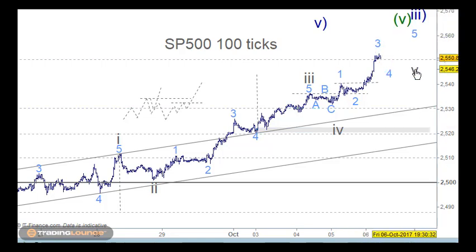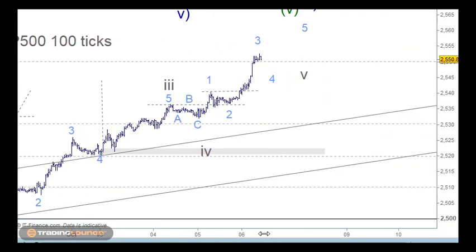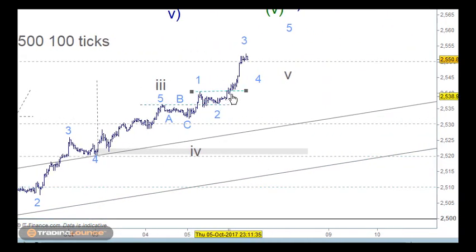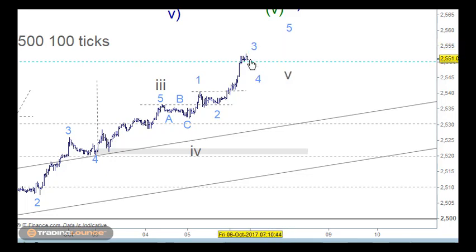Just have a closer look at this here. I think, not that it matters too much, I can't draw here, I think there's a correction to come down here.